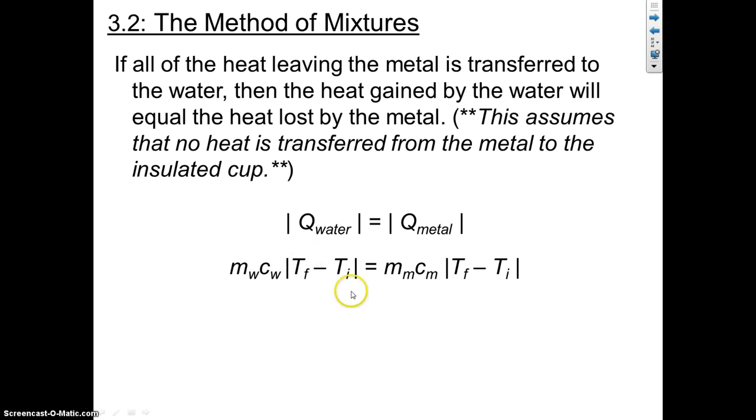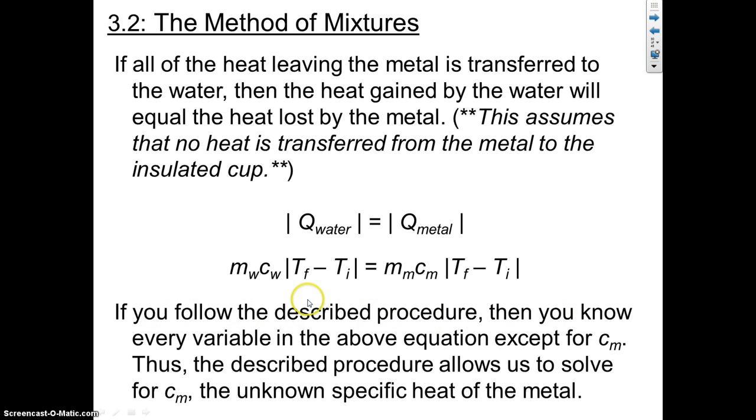We also used the thermometer to measure the initial temperature of the water. And then we also knew that the initial temperature of the metal was 100 degrees. That's what we selected. So if you follow this procedure, then we know every variable in this equation except for Cm. Thus we can solve for it.